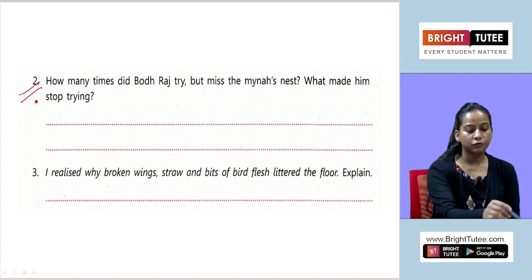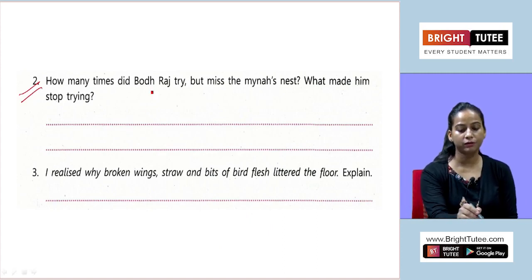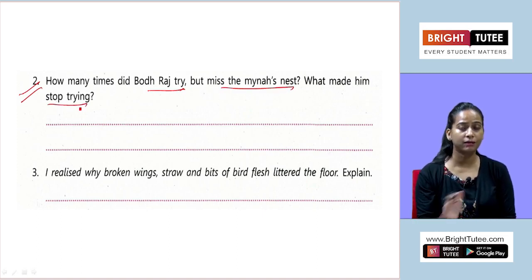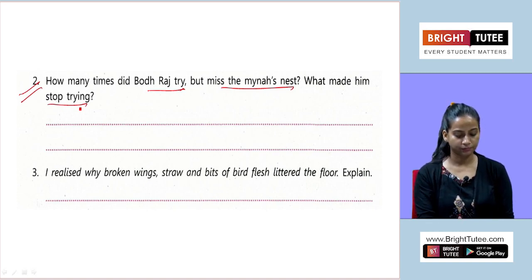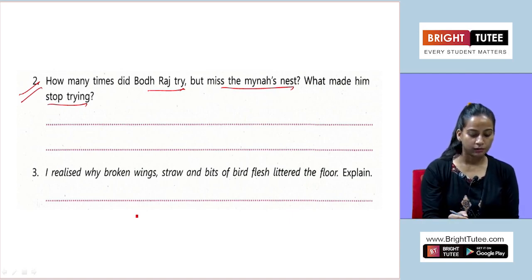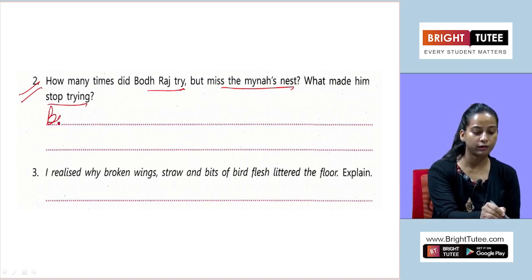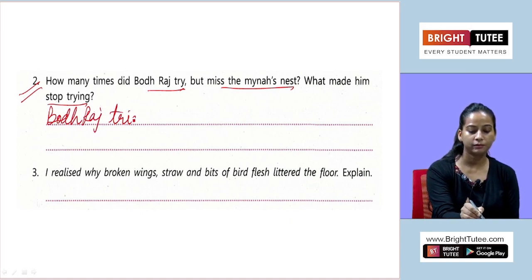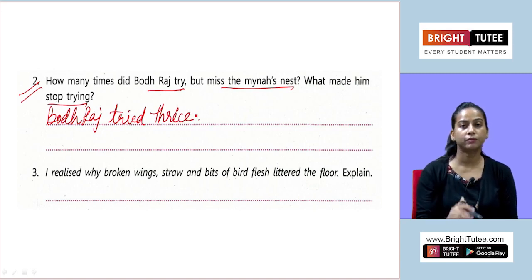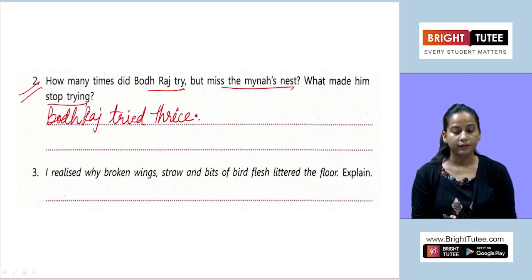Second question they have asked, how many times did Bodhraj try but miss the Mena's nest? What made him stop trying? Then we'll mention how many times. Bodhraj tried thrice, three times he tried to hit that nest.